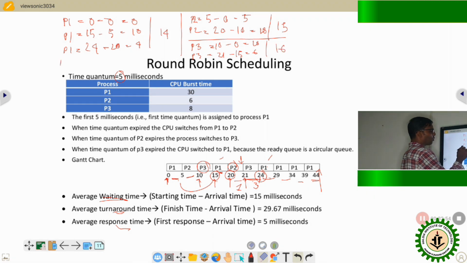So what we need to do? 14 plus 15 plus 16 will get 45, divided by 3, the number of processes, you will get 15.